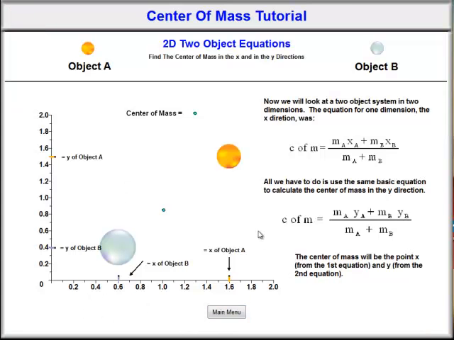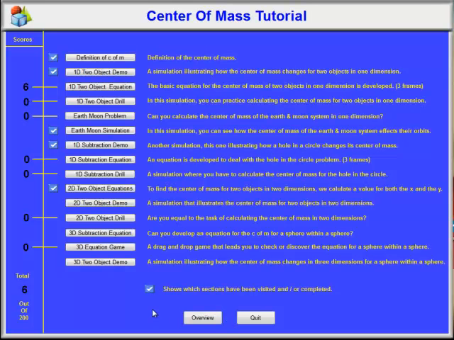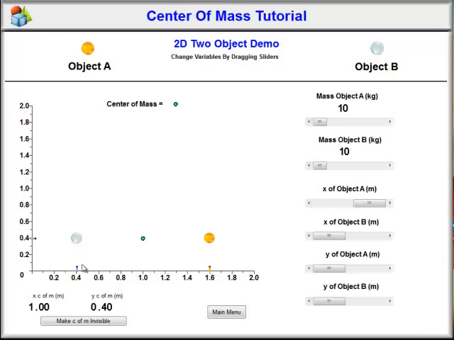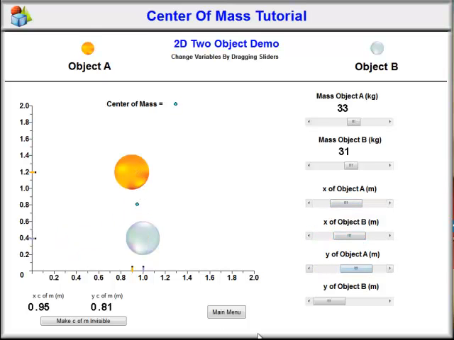There's then a drill where students have to calculate the answer. We have a similar situation where we look at the two-dimensional situation where it gets a lot more complicated. So you've got more complicated equations to deal with. And again, you've got a simulation where you can change the variables and see exactly what happens to the center of mass.